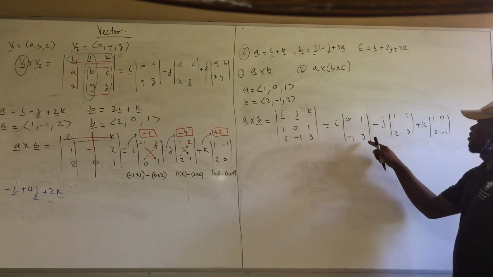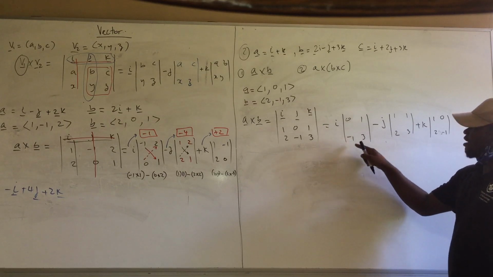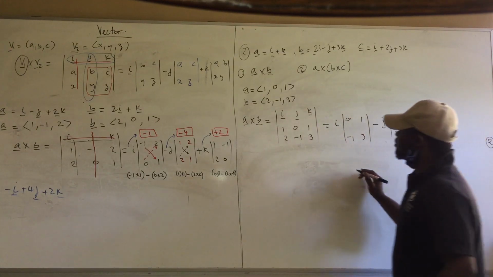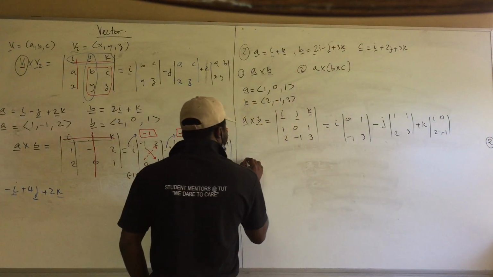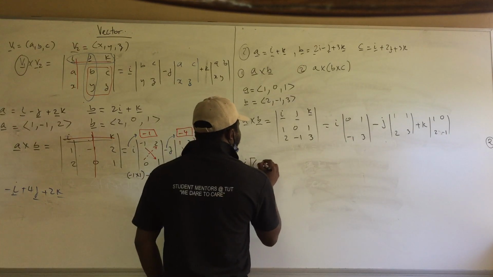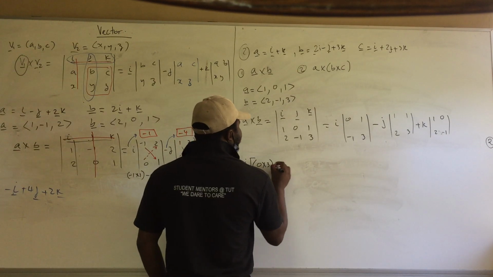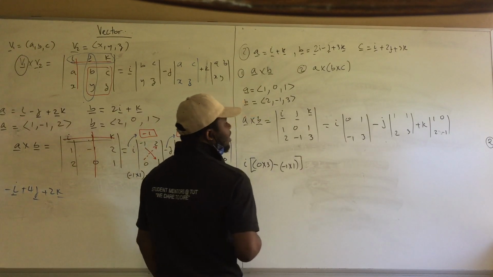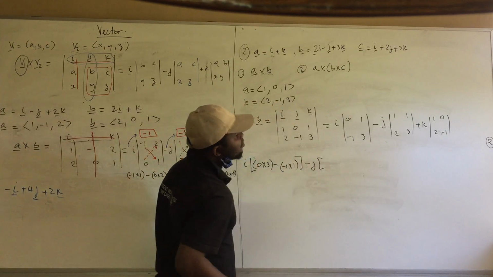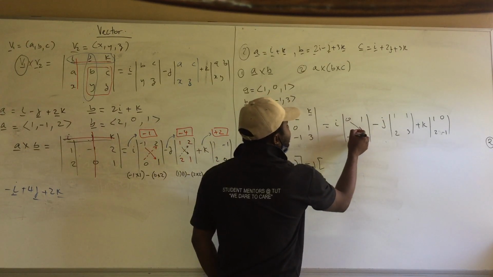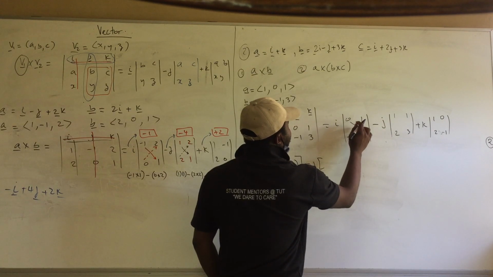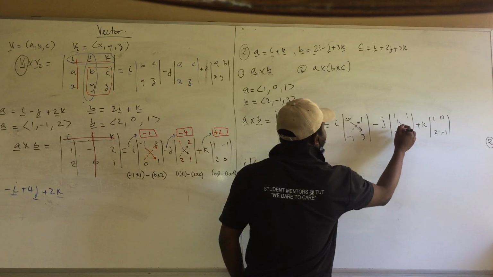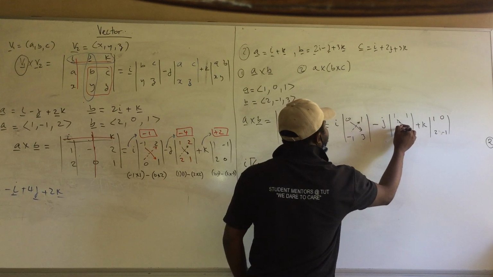It's going to give you I, 0 times 3, alright? Minus 1 times 1. Like this, you close the bracket, minus J, you open the bracket. Always start like this, and like that.